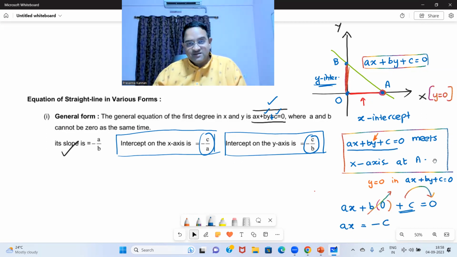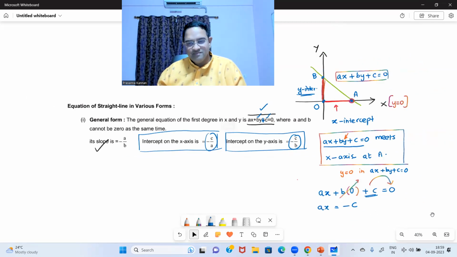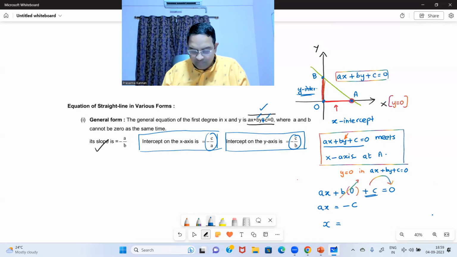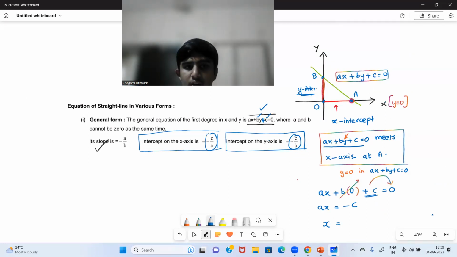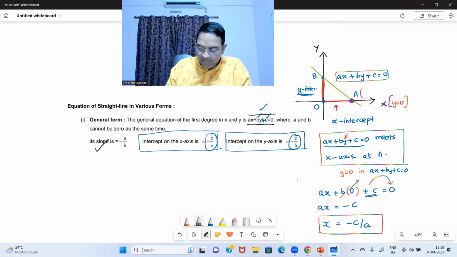So a into x is equal to minus c. So what is x equal to? Minus c by a. That's it. So this point A will be minus c by a comma 0. Or in other words, this distance will be minus c by a.